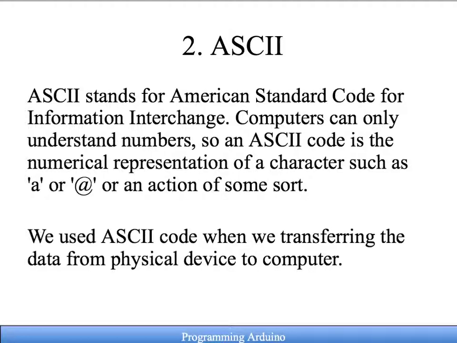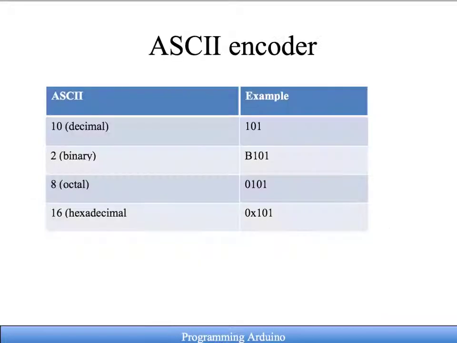ASCII stands for American Standard Code for Information Interchange. The computer can only understand numbers, so the ASCII code is represented by characters such as A. We use the ASCII code when we transfer data from the physical device to the computer.